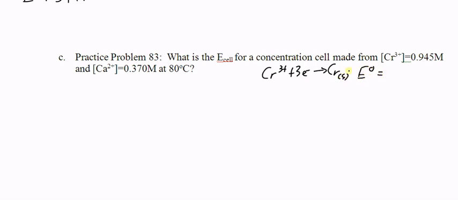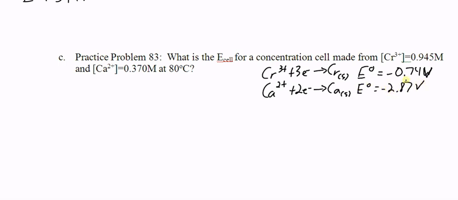Cell potential on that one's going to be, looks like it's going to be negative 0.74 volts. And in the case of calcium, we got Ca2 plus 2 electrons goes to calcium solid. And cell potential on that one's going to be, and we've seen this before, negative 2.87 volts.